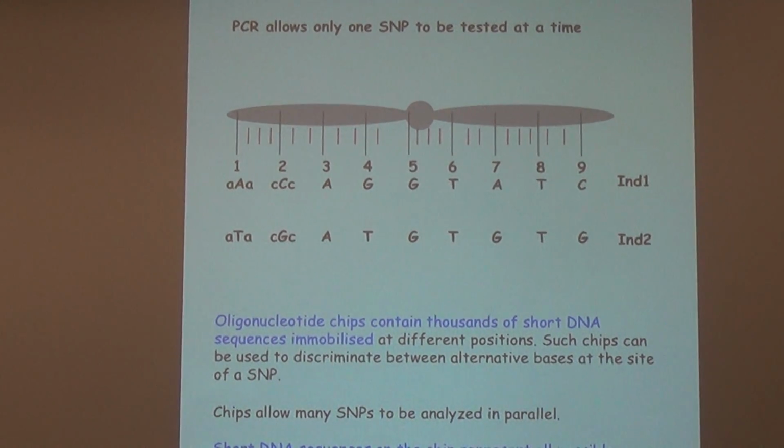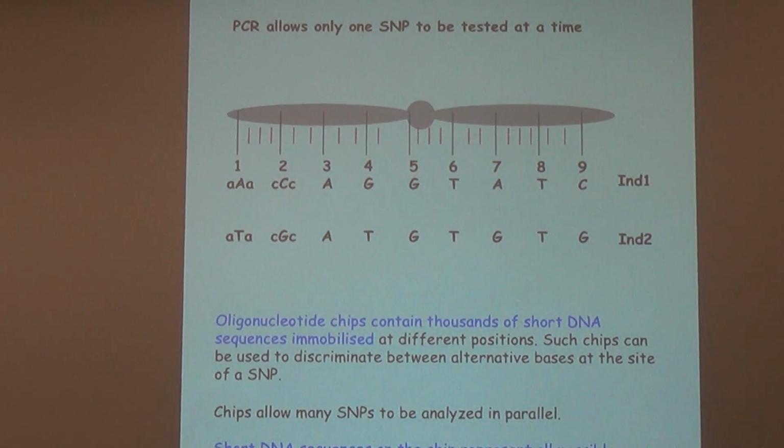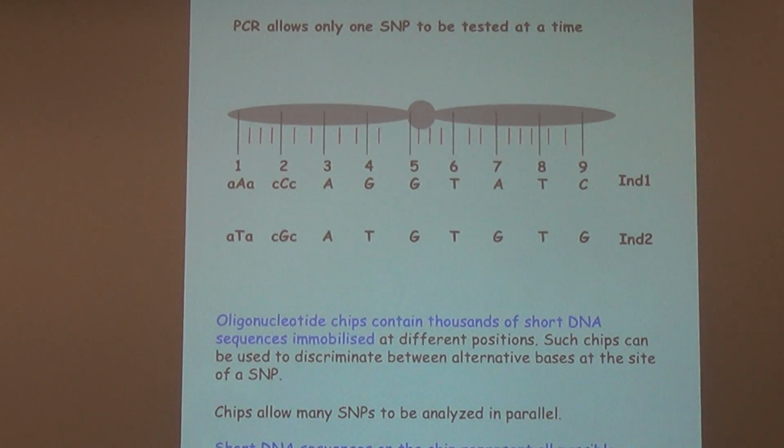And so you analyze all these SNPs. You can analyze them by PCR. You have 9 SNPs. You can do 9 SNPs by PCR. Different primers for those 9 locations. And you will determine and get a picture of the SNPs across that entire thing. At this position, this individual has A, C, A, G, G, T, A, T, and C. 9 different locations.